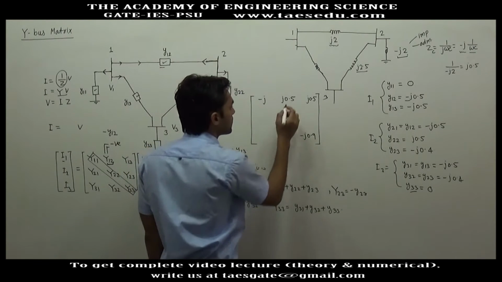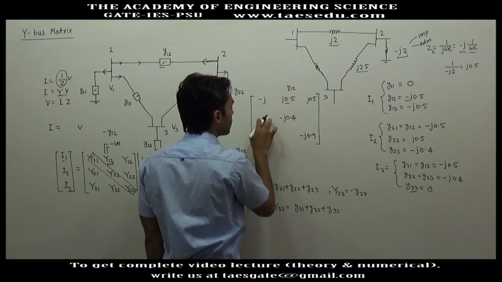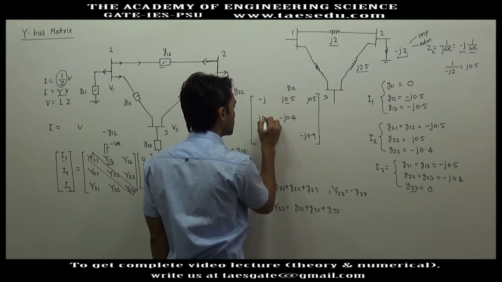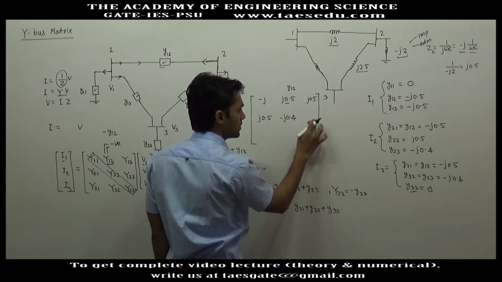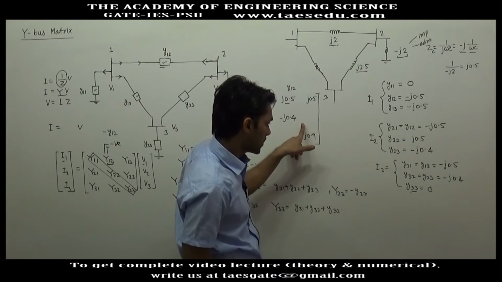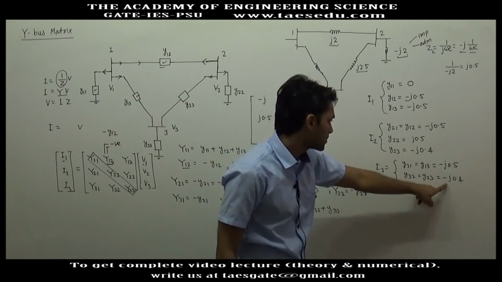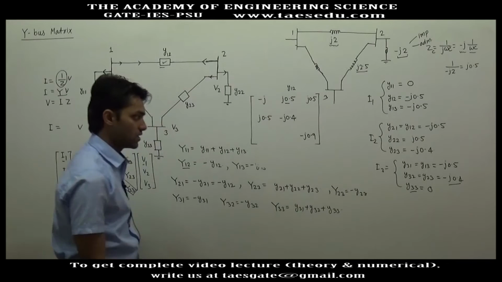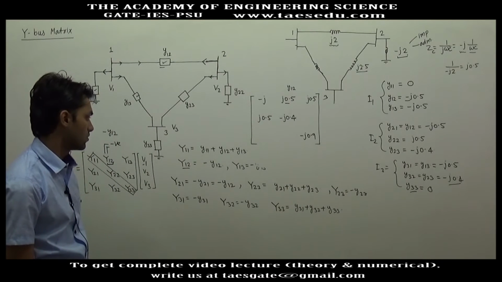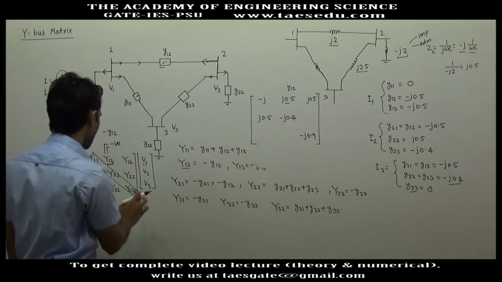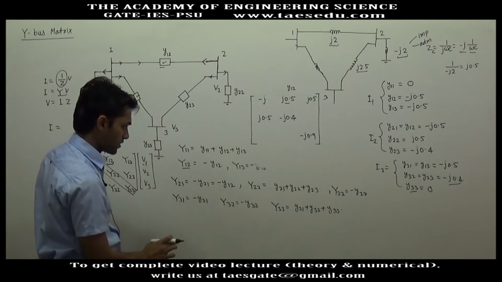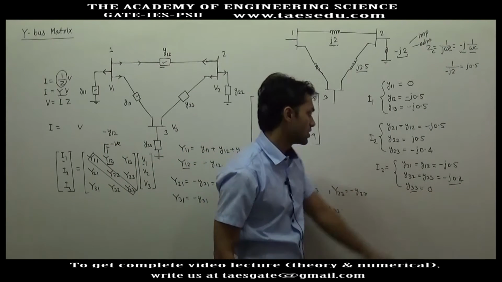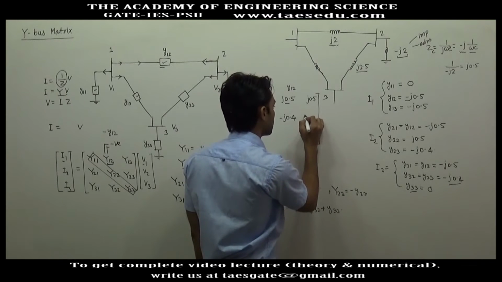In the off-diagonal elements, this is y12 and here you have y21, so y12 and y21 are the same. This is j 0.5. Here you have to write y23. The small y23 is minus j 0.4, but here you have to represent capital Y23, which is the minus of small y23. If you take the minus of this quantity, you will get positive j 0.4.